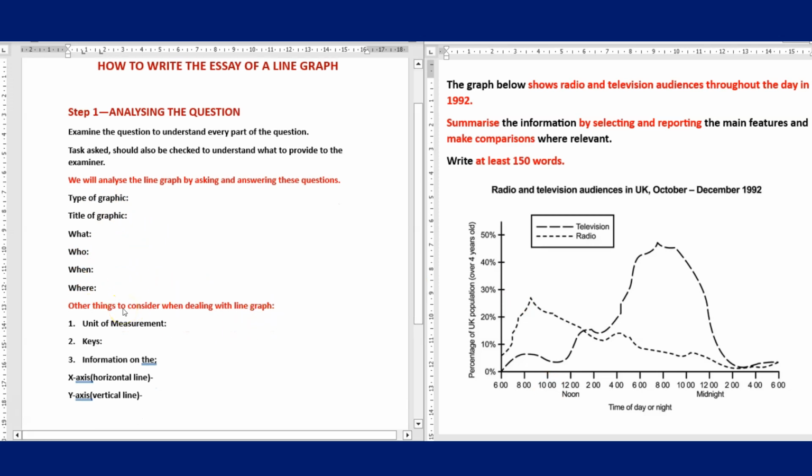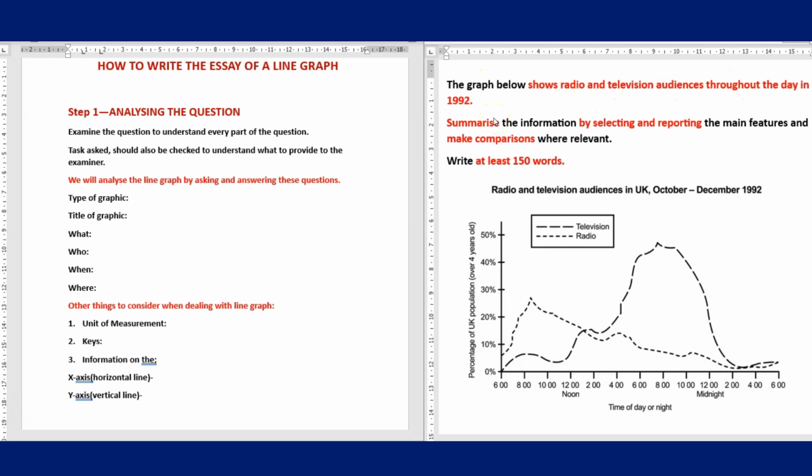There are other things that you can also consider when you are dealing with a line graph. It's not just about looking at the type and the title, but you also have to look at the unit of measurement. Did they talk about any kind of measurement like percentage, money? Is there any kind of unit of measurement? And as you can see from the question, the graph below shows the radio and television audience throughout the day.